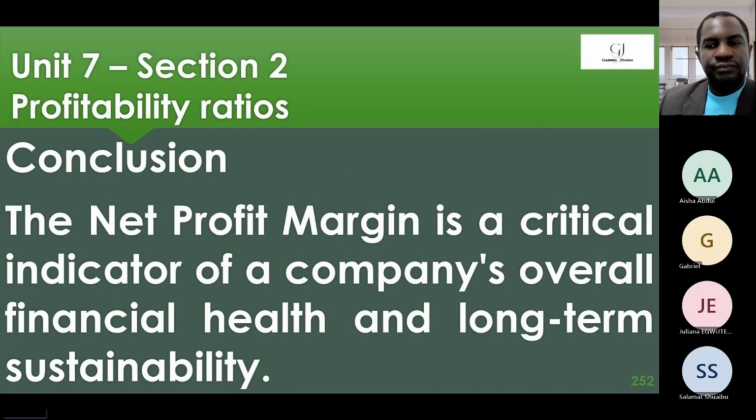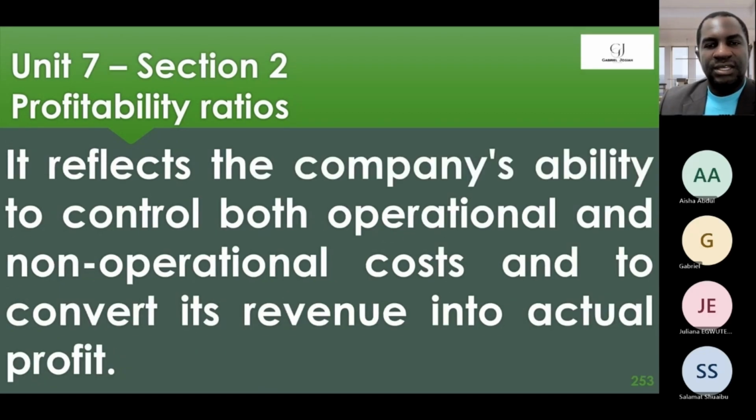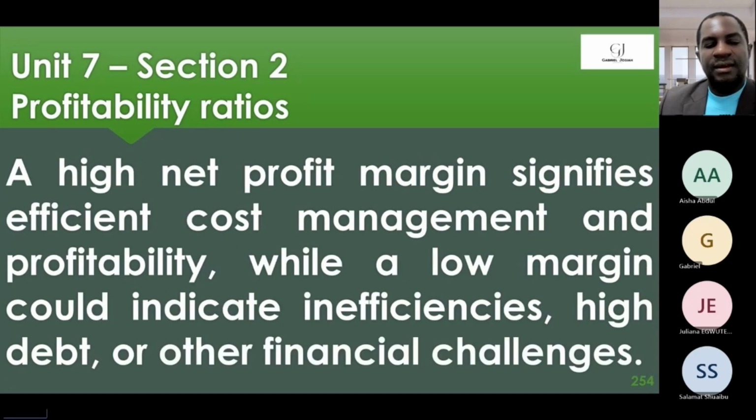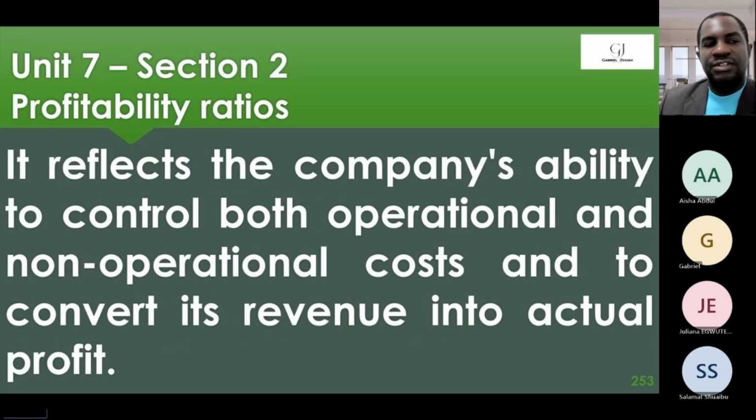So in conclusion, the NPM, in my opinion, is the overall indicator of a company's financial health and long-term sustainability. It reflects the company's ability to control both operational and non-operational costs to convert its revenue to actual profit.